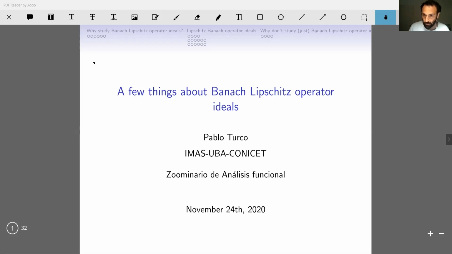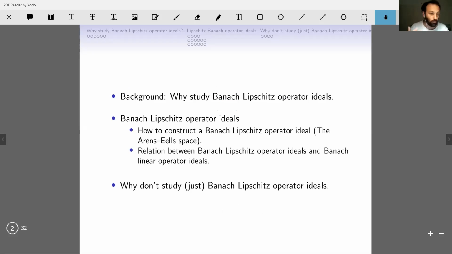So I divide the talk in three parts. In the first part, I will try to convince you why you have to study Banach Lipschitz operator ideals. In the second part, I will talk about Banach Lipschitz operator ideals, and I will tell you that there's a natural way to construct a Banach Lipschitz operator ideal from a linear operator ideal, using the RNLS space.